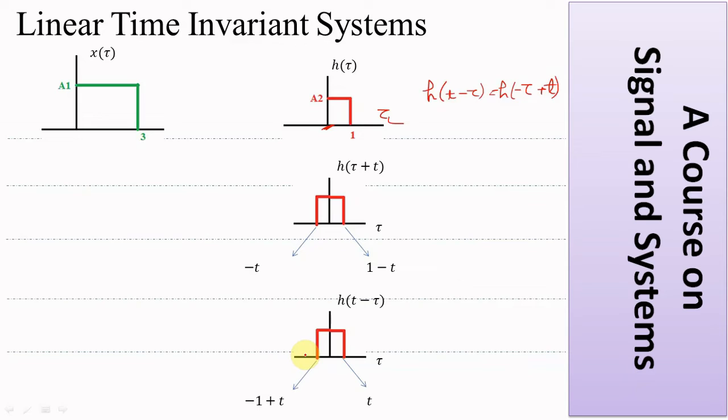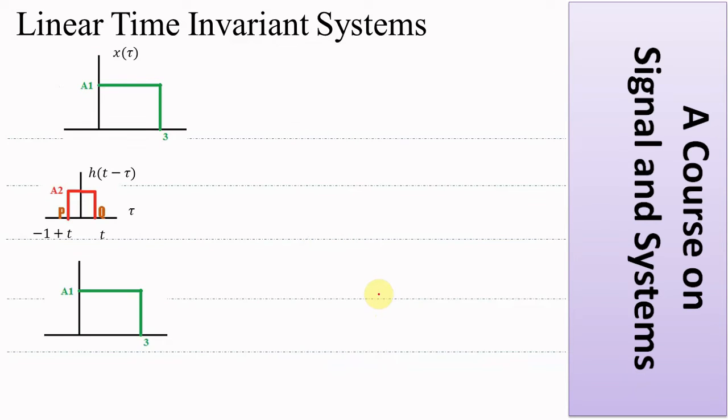Now I have these two signals, x of tau and h of t minus tau, and I'll perform the convolution operation. I will also draw simultaneously the overlapped versions, and we can appreciate how the various regions are being considered. Suppose I am considering the first case, in which I have 2 points, this is q and this is p.